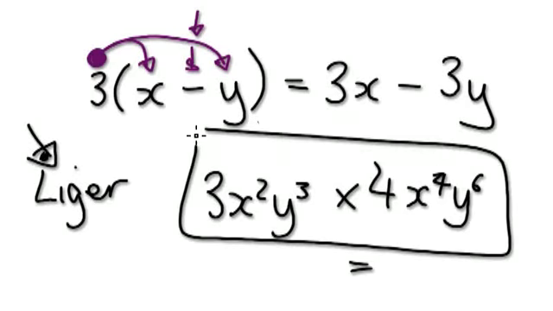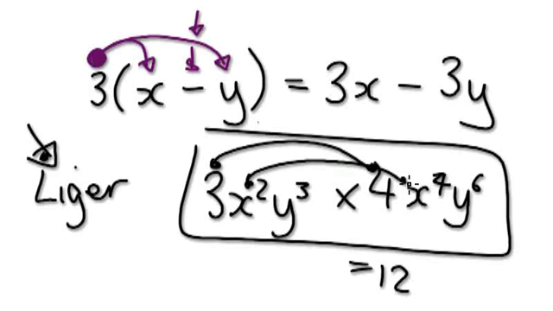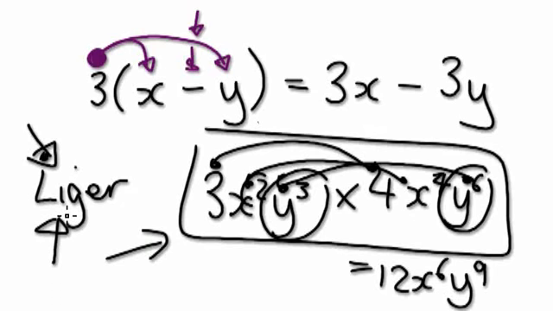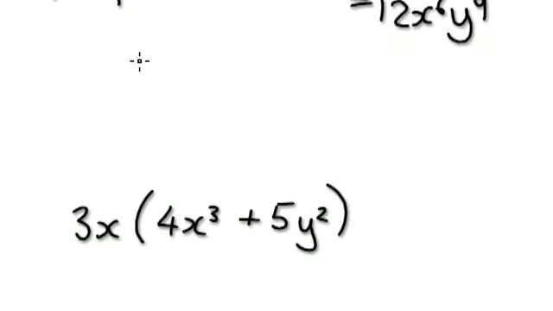To do this, you would get the number times the number, which is 12, and then the x times the x. So you've got x squared times x to the power 4. That will be x to the power 6. And then the y times the y. So y to the power 3 times y to the power 6 will be y to the power 9. If you don't understand this, watch one of the earlier videos. When you understand this, multiplying out brackets is really easy.